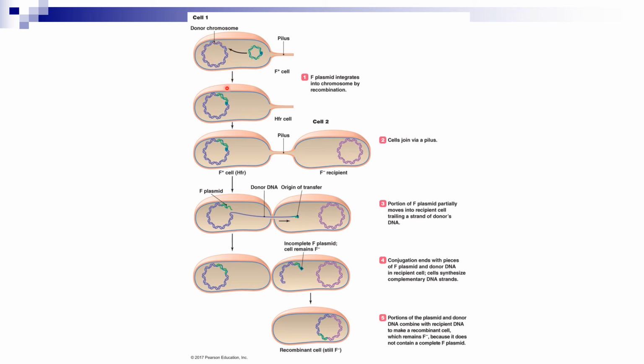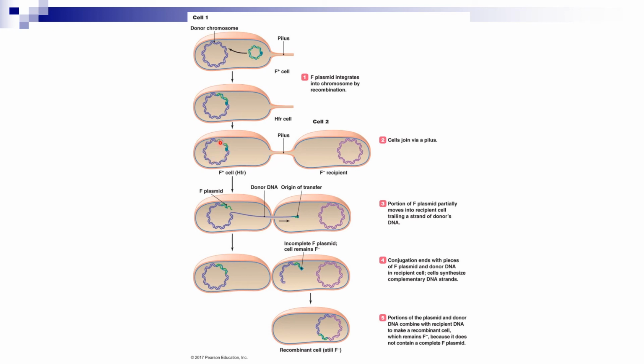So now it's in the bacterial chromosome, and now it's an HFR cell because it's incorporated into the bacterial chromosome. It can still make a pilus with an F negative cell. So it's made this conjugation bridge, or pilus, or sex pilus. There's a number of names.